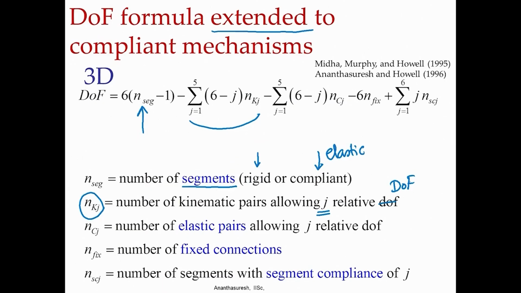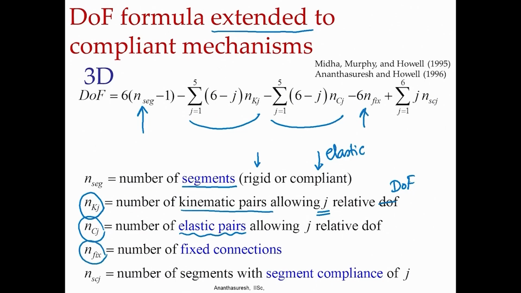So, that part is familiar, but then we also have this one where we are subtracting not only the kinematic pairs, whatever degrees that they remove, but also we consider the elastic pairs, our NCJ. NCJ indicates the number of elastic pairs that allow J relative degrees of freedom. It is just like kinematic pairs, now we have elastic pairs. So, that part is also clear. But we have this new thing called n fix. What is that?